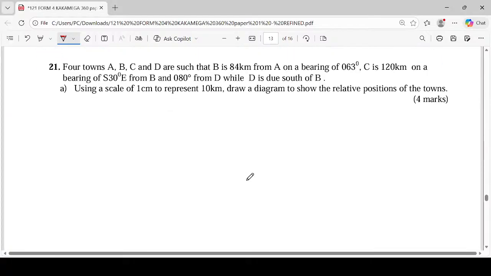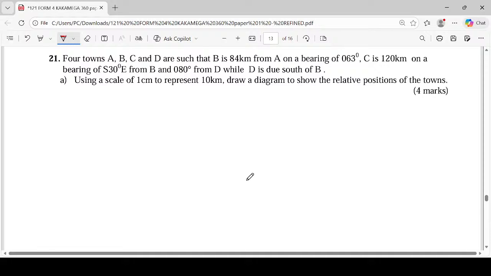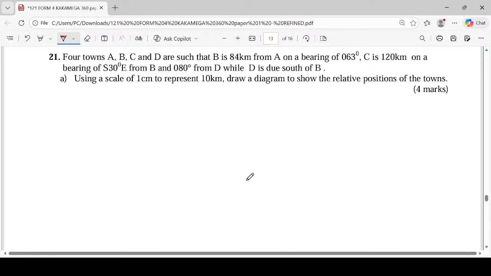Let's look at question number 21. Four towns A, B, C, and D are such that B is 84 kilometers from A on a bearing of 63 degrees.